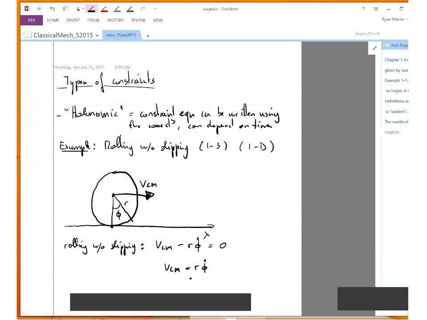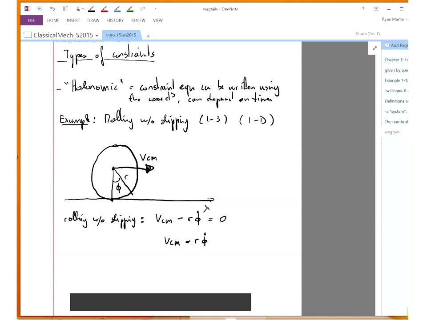You agree that we have two possible degrees of freedom, but we only need one degree of freedom to describe the system. Now, a holonomic constraint is a constraint between the coordinates. The coordinates here are x and phi. But the constraint equation is between phi dot and V_CM, which is x dot.